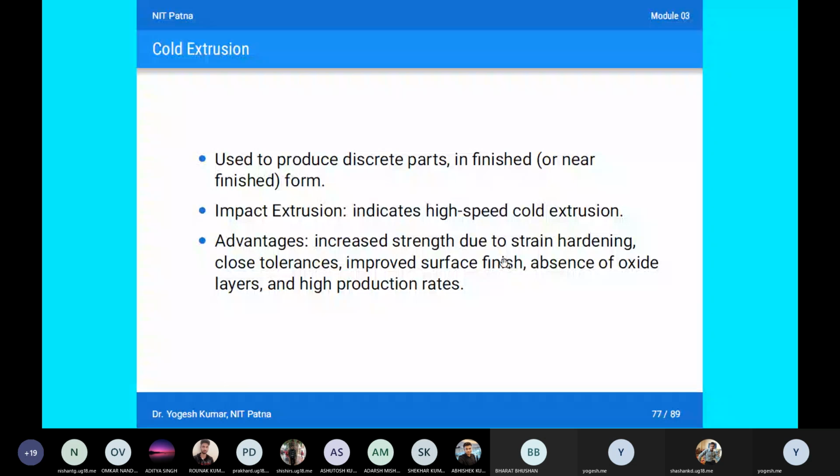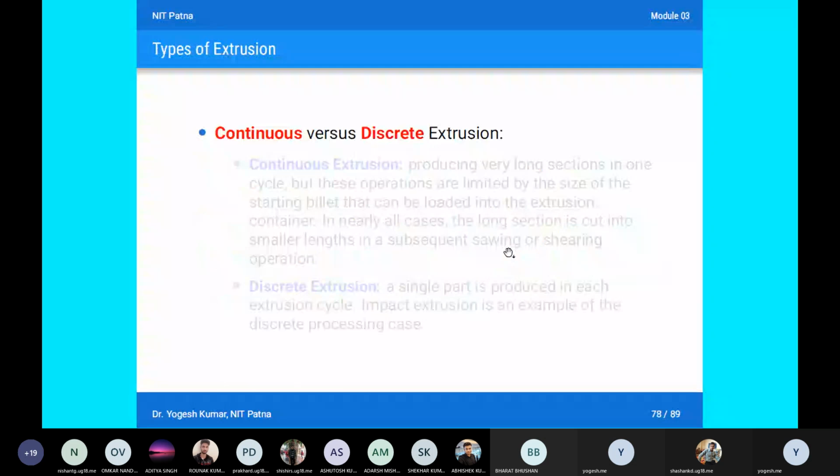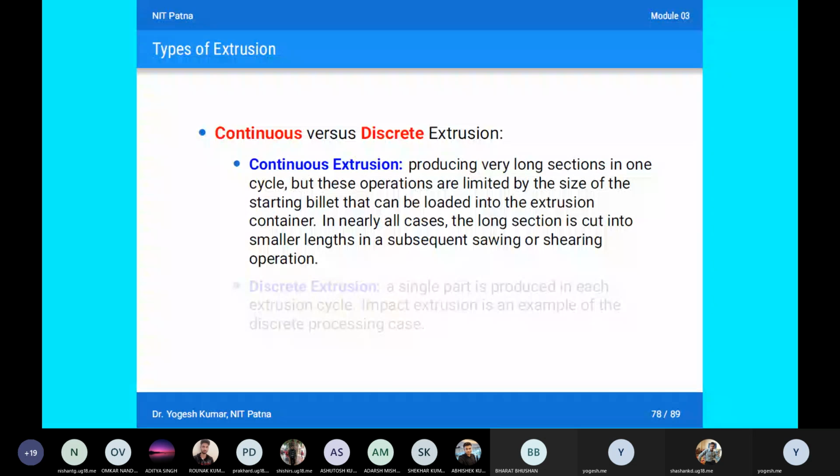Okay, so fine, we will move to the next type of classification, that is continuous extrusion and discrete extrusion. Under continuous extrusion, this process is used for producing very long sections in one cycle.